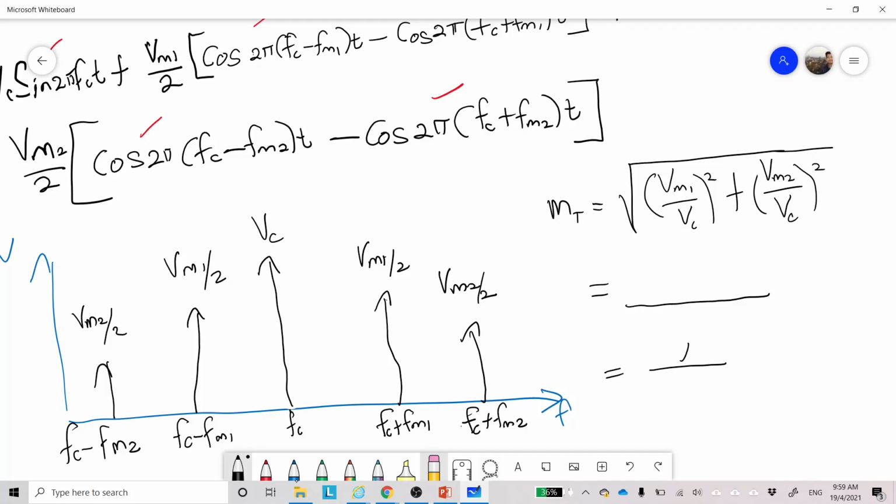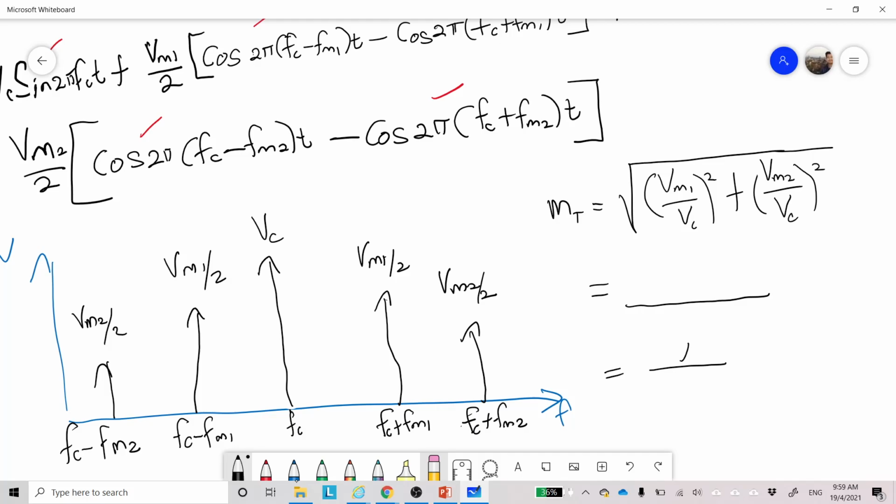So when we want to write the total power, of course we have 5 components of power. So that means P total is equal to PC plus PLSB1 plus PUSB1.